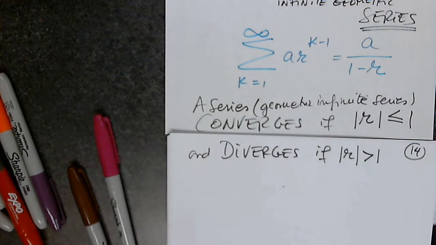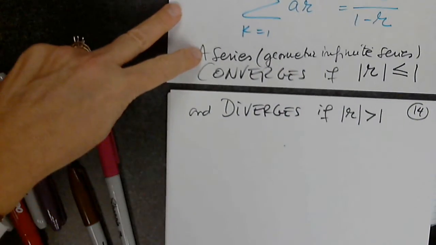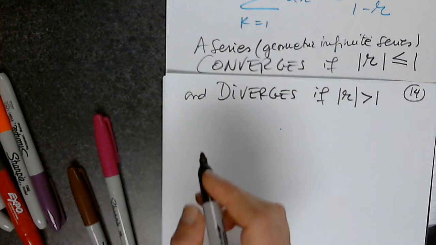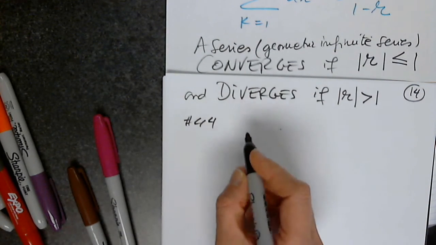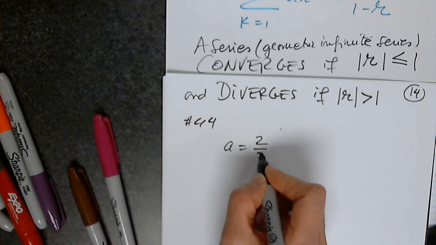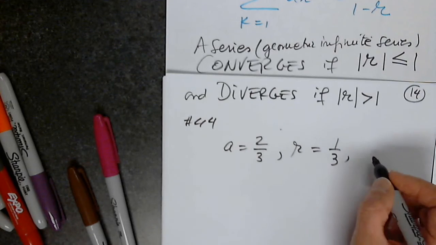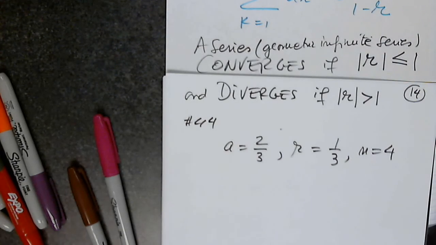Okay, so let's look at the last two problems here. Find the partial sums Sn of the geometric sequence that satisfies the given conditions. So let's take a look. 44. We have A equals 2/3, R equals 1/3, and N equals 4.